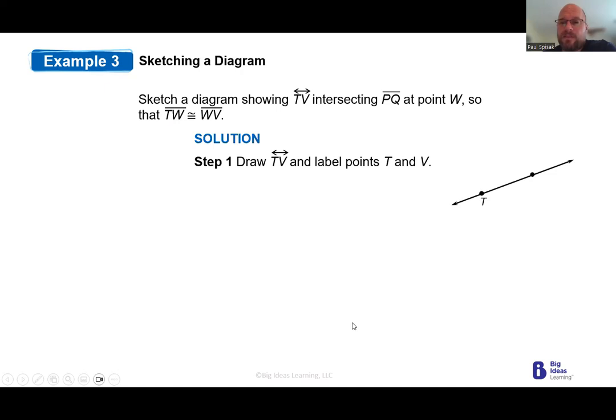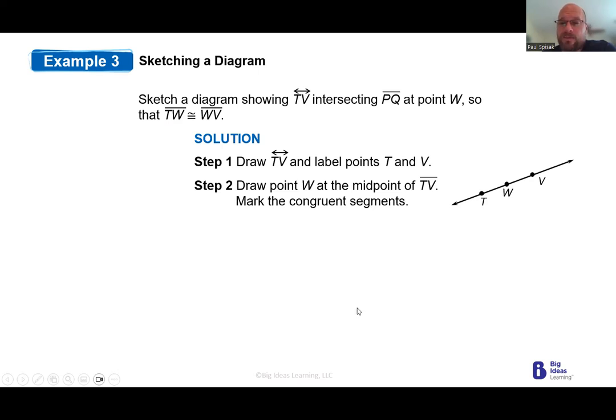We're going to label the points. Once you have them labeled, then we need to have the other line, line segment PQ, drawn so that it goes through point W. So point W is going to be equal distance from those 2 points. So we're going to draw point W, make it the midpoint. So that's equal distance away.